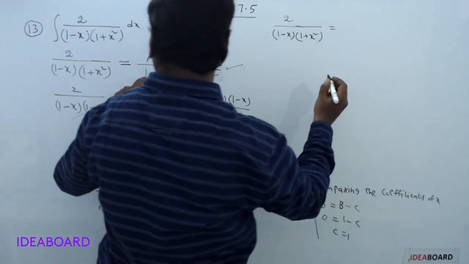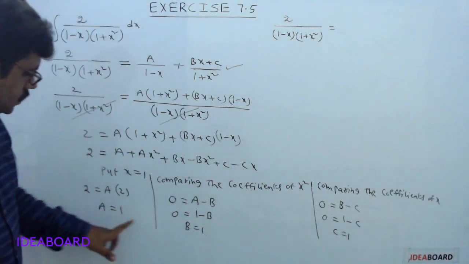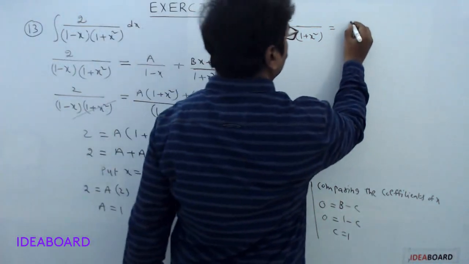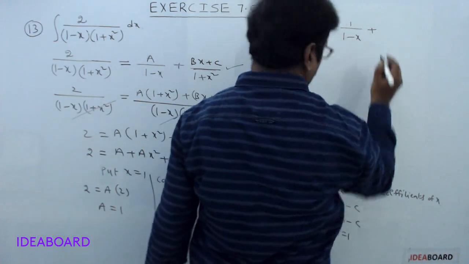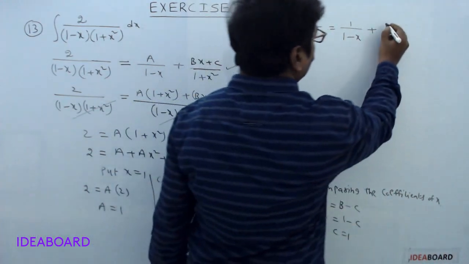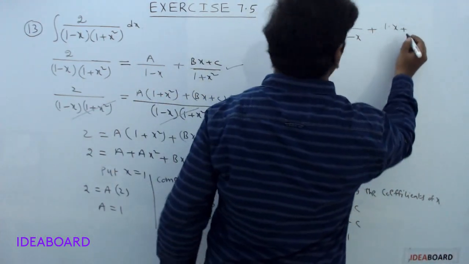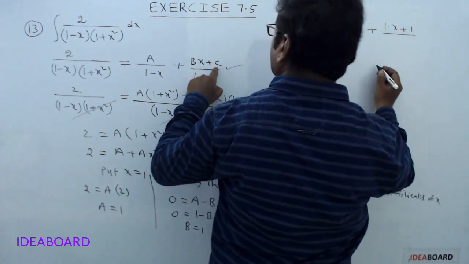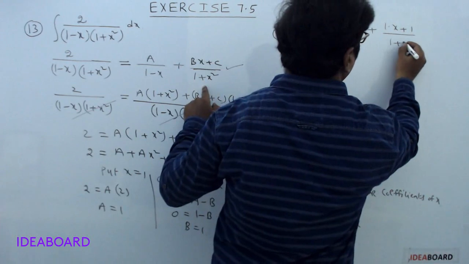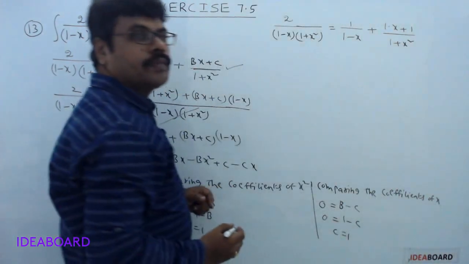Now, this is a divided by 1 minus x, a value 1, so 1 divided by 1 minus x, plus b value 1 into x plus c, c value is also 1, divided by 1 plus x square.